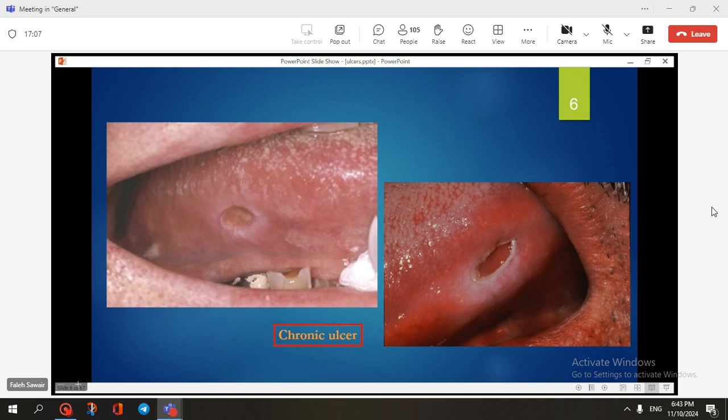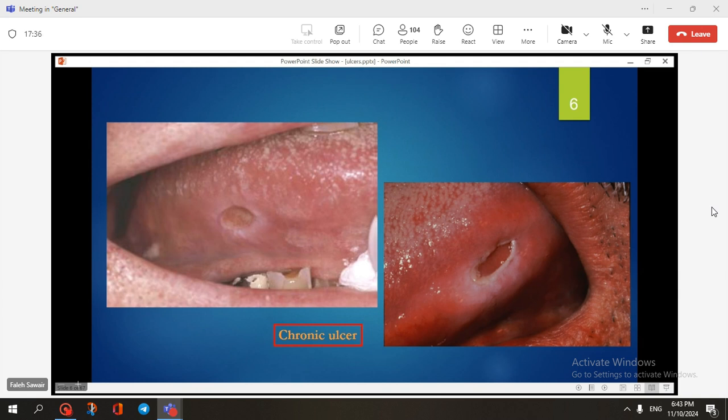But at the periphery, the trauma is less intense, so it will cause hyperkeratosis and hyperplasia. So chronic ulcers, as you are seeing now, are characterized by a whitish periphery and fibrosis. So it will be like a firm ulcer at the periphery, chronic for a long time.